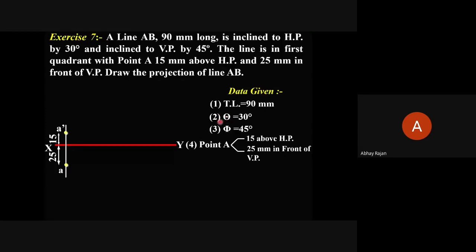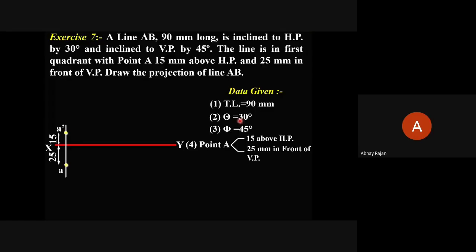In this case, first you will assume that the line is inclined to HP only. Theta means inclination with HP, so it has a 30 degree inclination. You know how to draw a line inclined to only one plane. That is clear for you. So we will assume it is inclined to one plane, that is theta, 30 degrees.